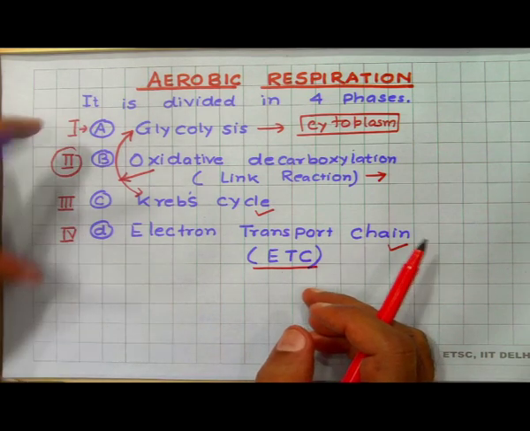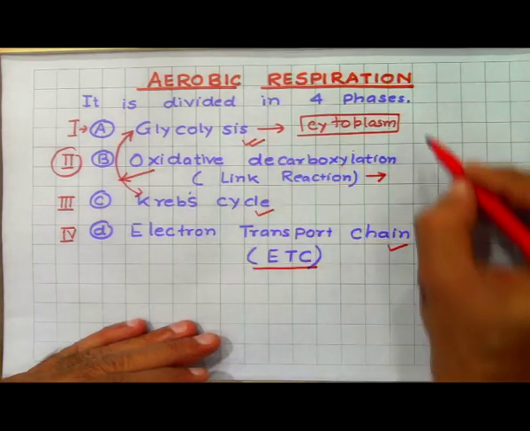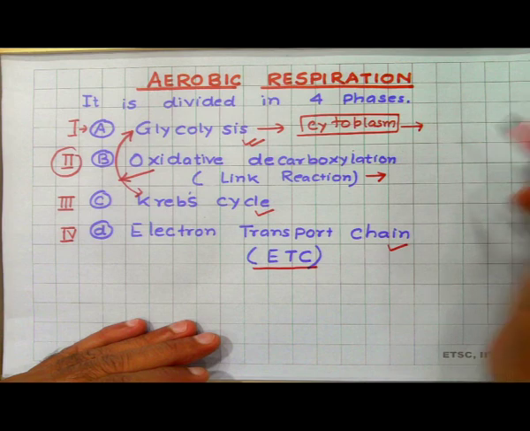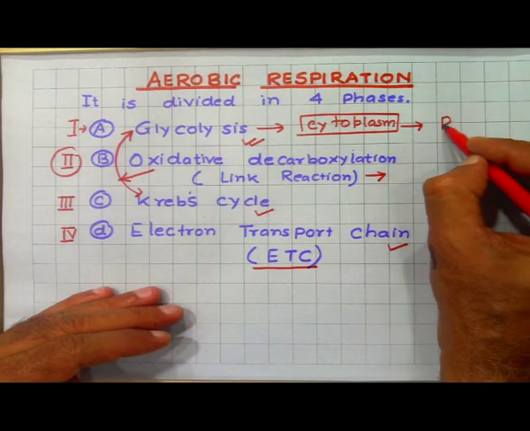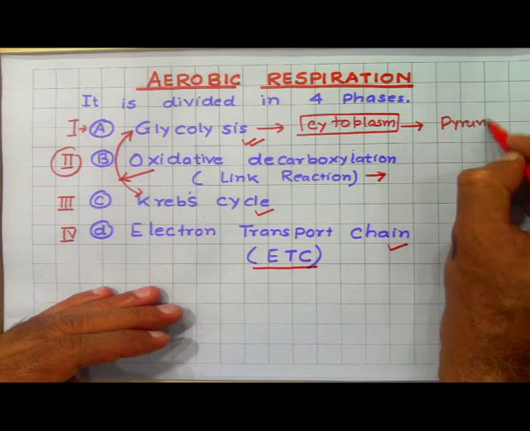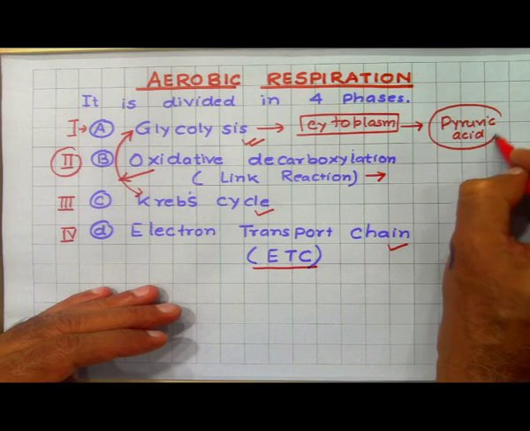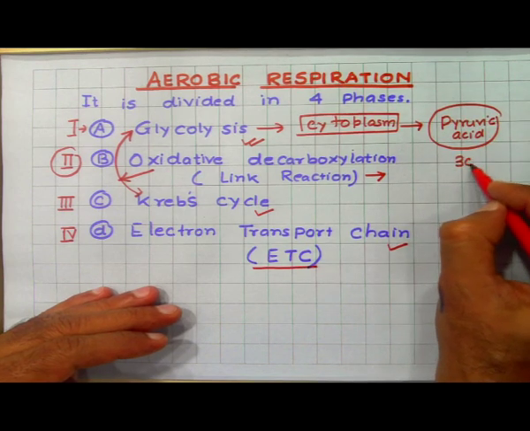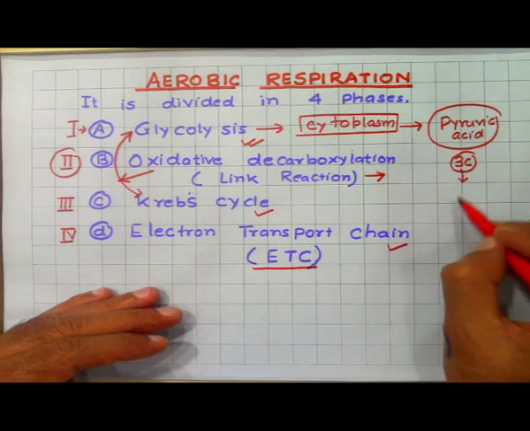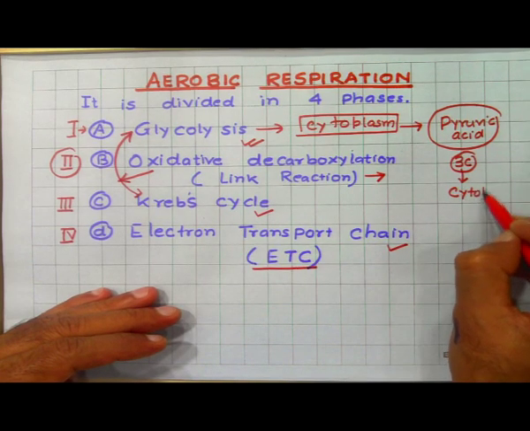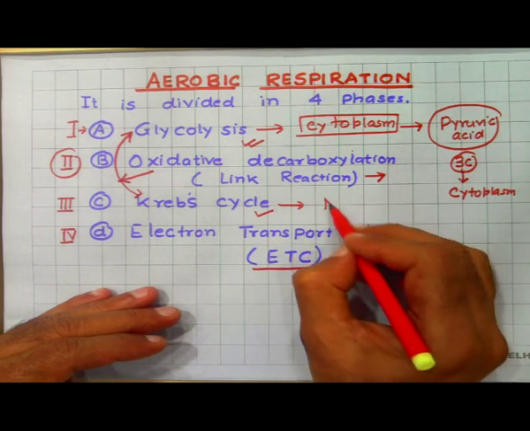Of all four processes, glycolysis takes place in cytoplasm. The product of glycolysis is pyruvic acid. This pyruvic acid is a 3 carbon compound and it is formed inside the cytoplasm. The Krebs cycle takes place in mitochondria.